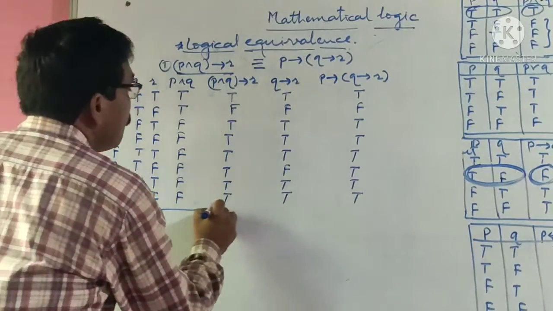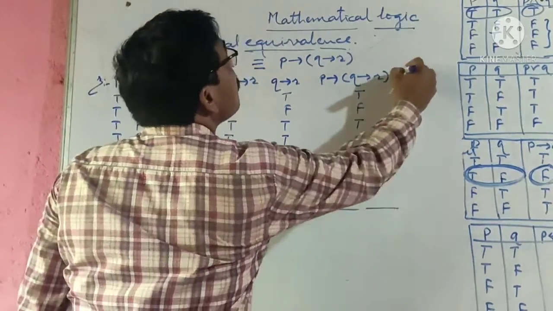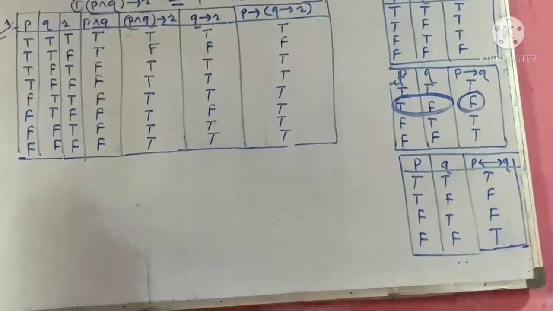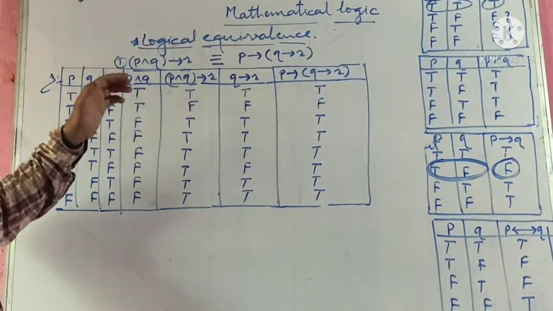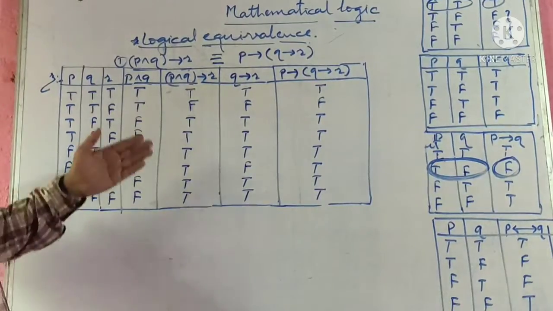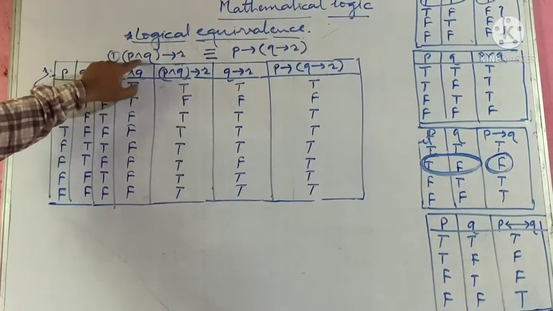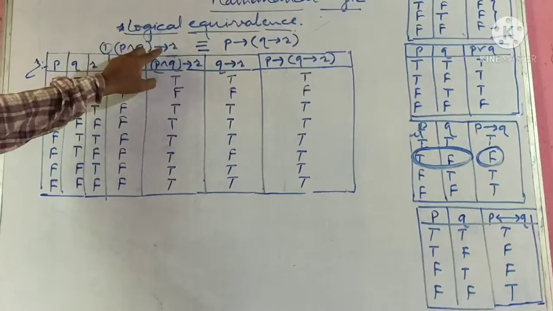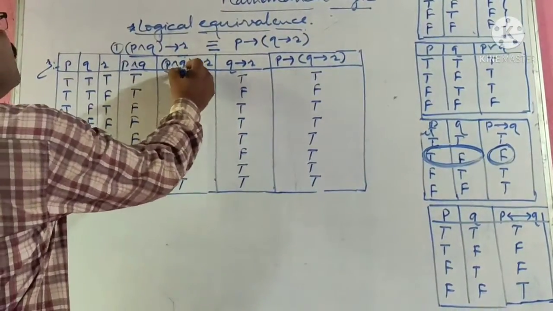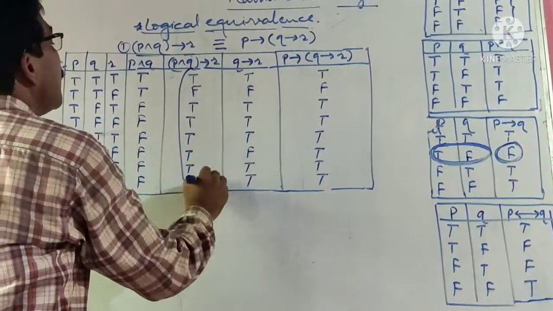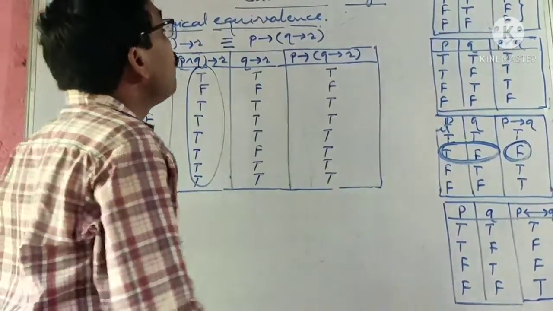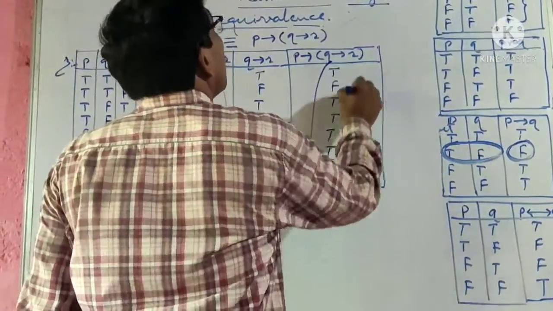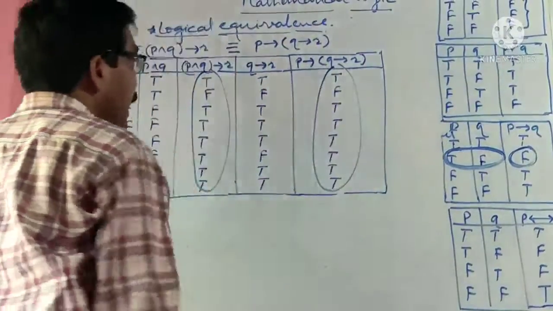Now we make it stable. Now this first statement pattern P and Q implies R, its column is this and entries are this. After that, P implies Q implies R, this column and these entries.